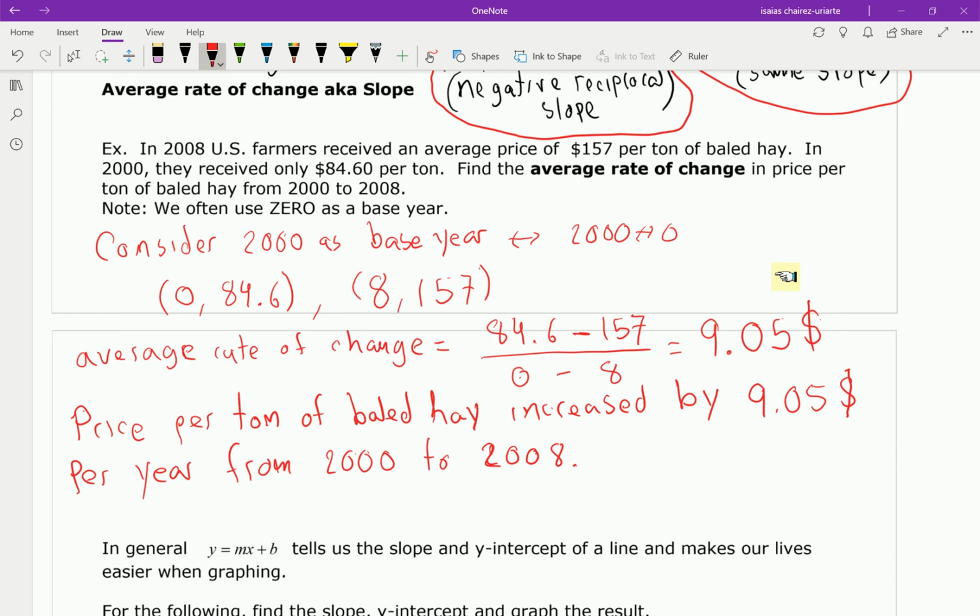I guess that's what the 9.05 is telling me, that the price per ton of baled hay has been increasing by $9.05 per year from the year 2000 to 2008. That's my average rate of change.